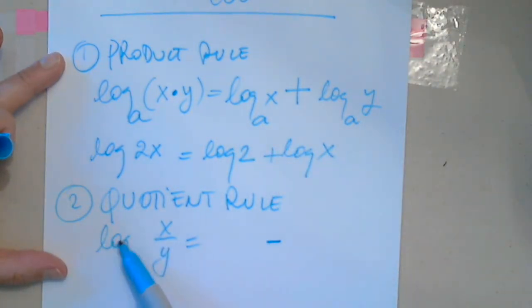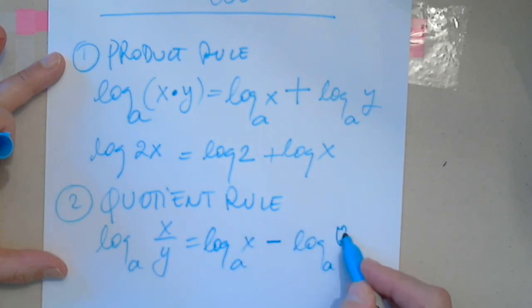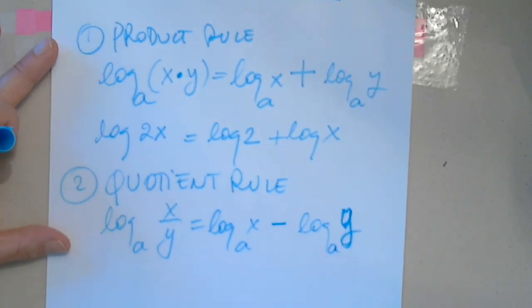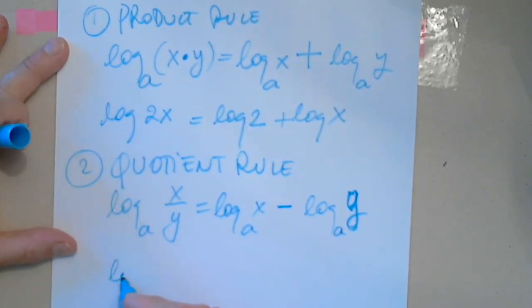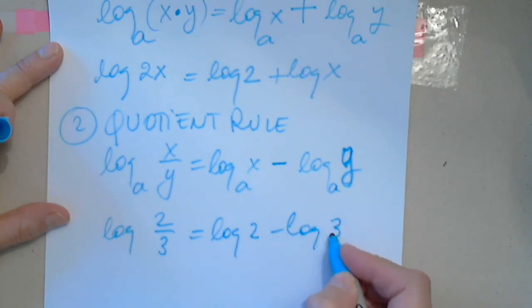Exactly the same. Log of the numerator, very good, minus log of the denominator. I meant to write y. Okay, here's an example. Let's say log of 2/3. This is the same as log of 2 minus log of 3.